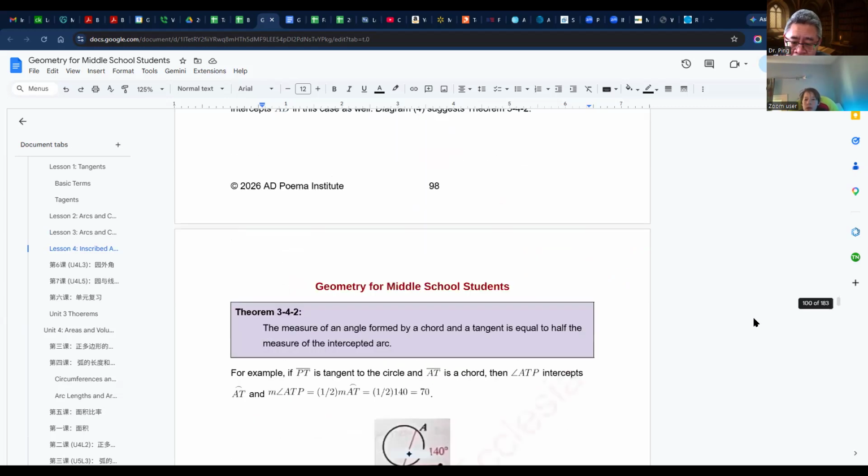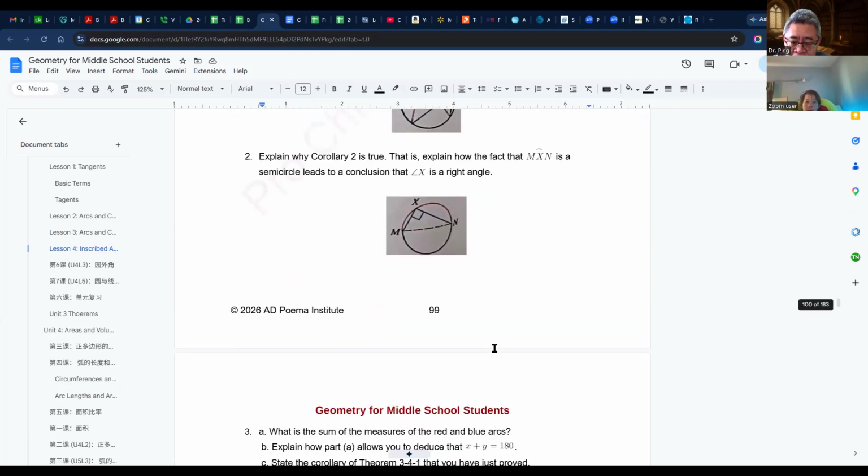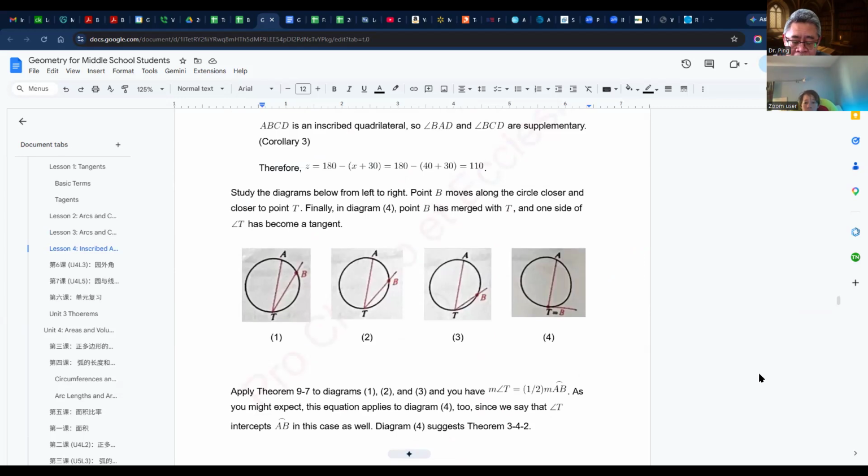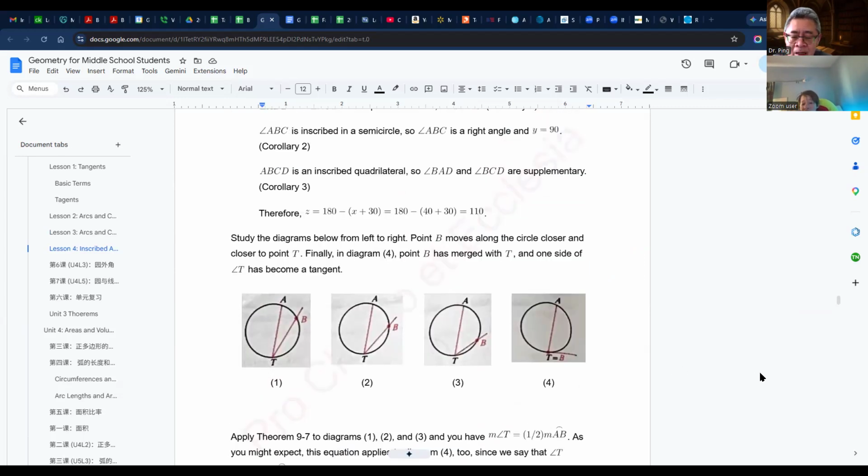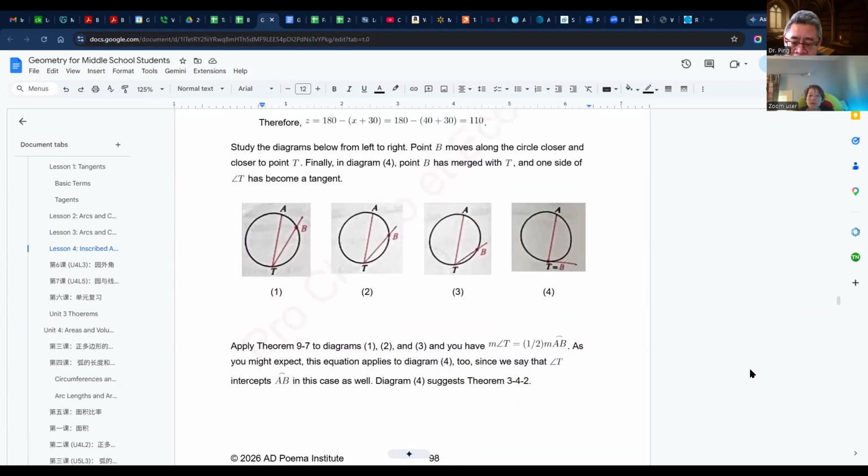Now we're going to look at the last theorem of this class, which has to do with the tangent line and the arc. There are four scenarios, and you can see we're talking about this angle. This angle has to be half of AB, so it's half the measure of AB.